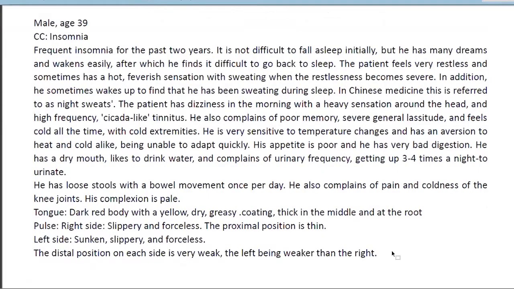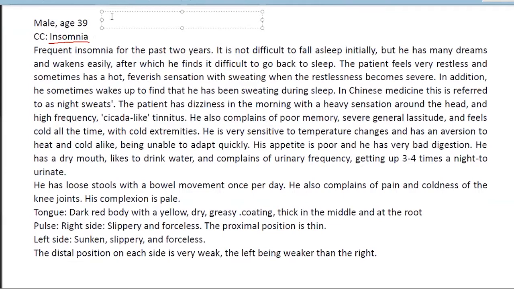So what's the illness name for this one? Insomnia. And the pattern. The pattern for this one was heart yin deficiency and kidney yang deficiency.